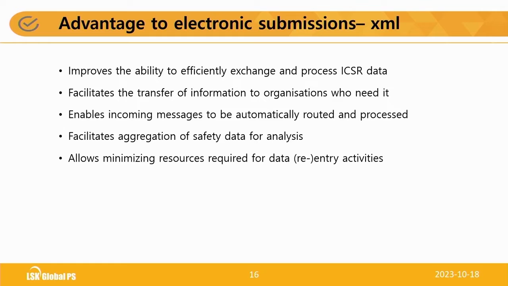So what are the advantages to electronic submissions? First of all, exchange and processing of ICSR data is done on a very efficient basis. And it also facilitates the sharing and the transferring of information to organizations that need it. And it also enables automatic routing and processing of incoming messages. Also, safety data has to be aggregated, and that is also facilitated in electronic submissions.